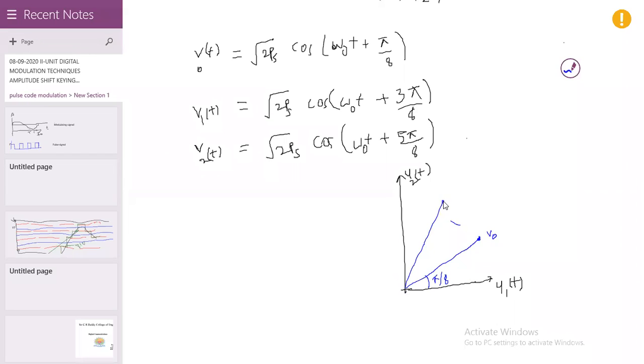Next one is V1. What is the angle for this one?